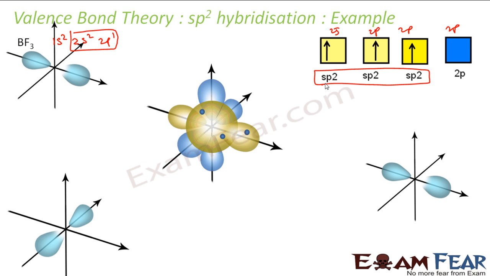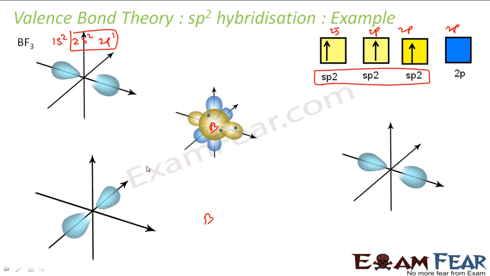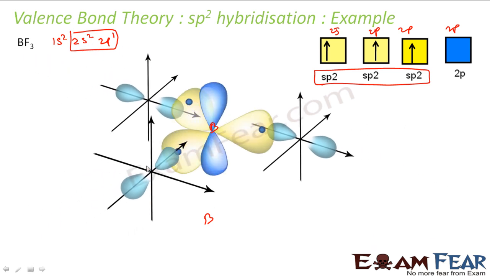So I have 3 fluorine atoms coming and I have this boron here. Now if you see, this will get hybridized. So this becomes sp2, this becomes sp2, and this becomes sp2.